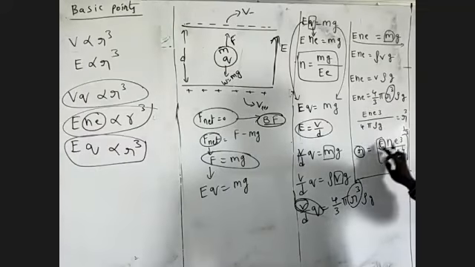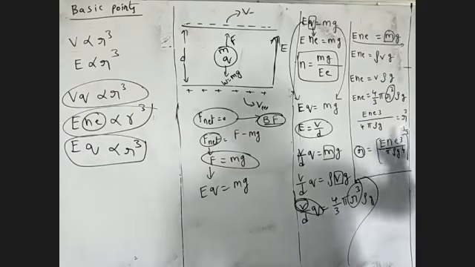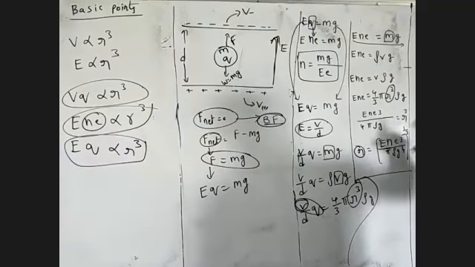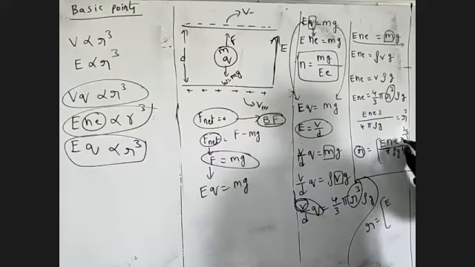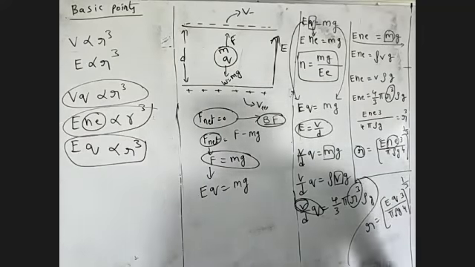Then r is equal to the whole power of 1 by 3 of Ne into 3 by 4 pi rho g.